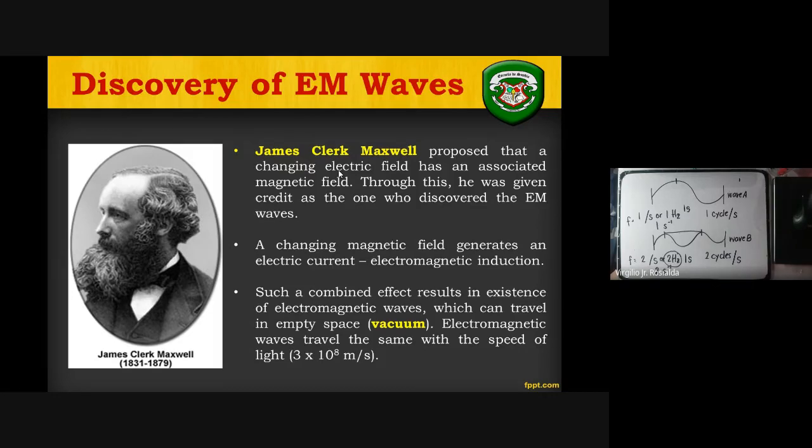He was given credit as the one who discovered the electromagnetic waves. Okay. So a changing magnetic field generates an electric current known as electromagnetic induction, which is also happening in our generators. Ayan, meron diyang electromagnetic din na tinatawag natin.